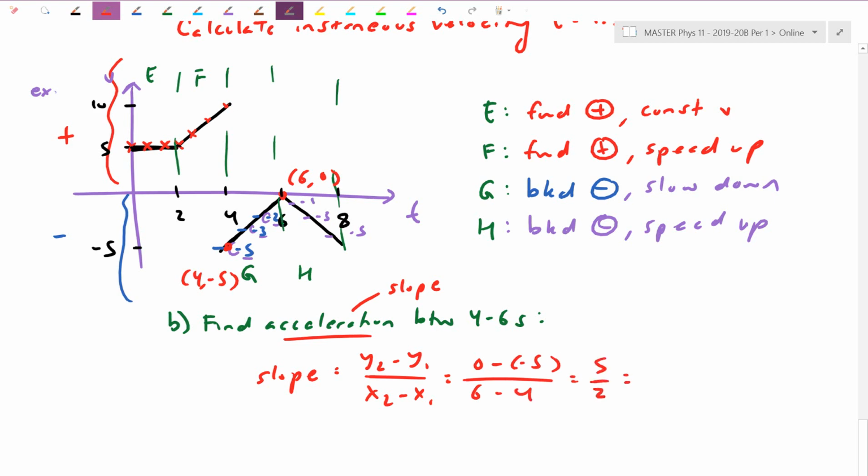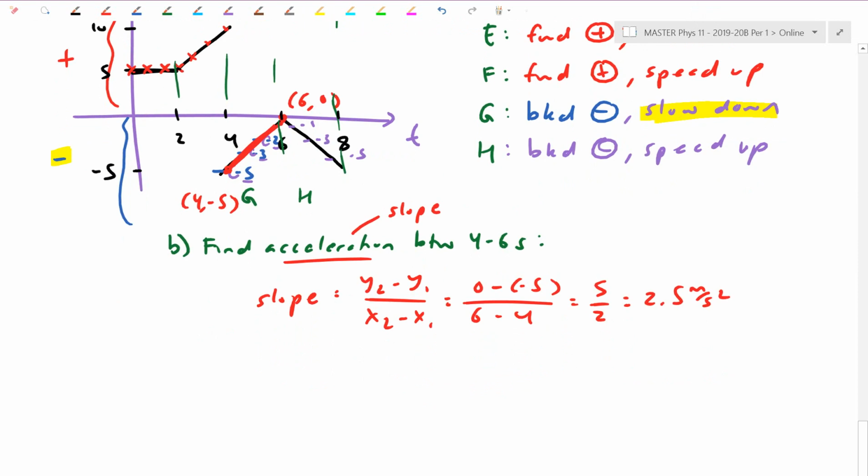Don't leave your answers as a fraction here. Keep your answers 2 or 3 significant figures with the appropriate units. The acceleration there is positive. Although my acceleration during this region here is positive, because my velocity is negative, because the speed and the acceleration are in different directions, we imply that it is slowing down, and that confirms this assumption.